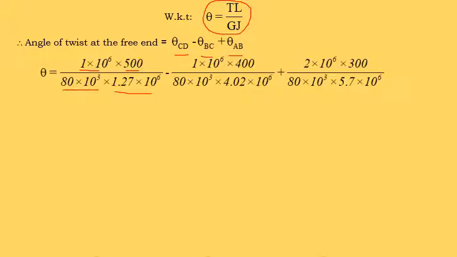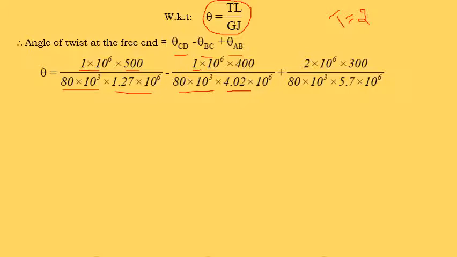For the second portion, the T value given is 2 kilonewton meter, but the difference is 1 minus 2, which is 1. Therefore, we have to use 1 kilonewton meter, 1 into 10 to the power of 6, and the length of the second portion is 400. G value is 80. Then J2 we got 4.02 into 10 to the power of 6.